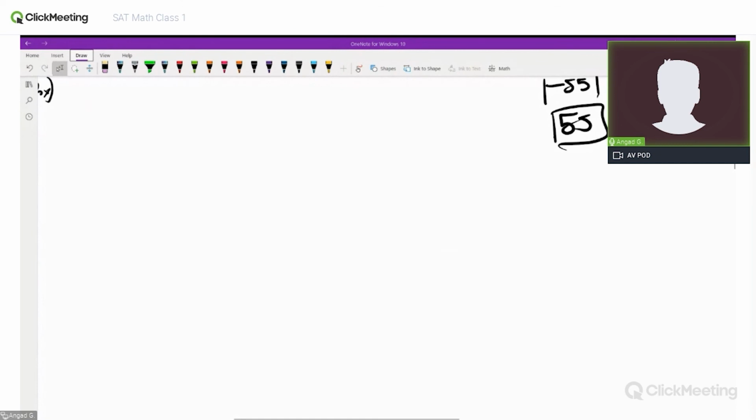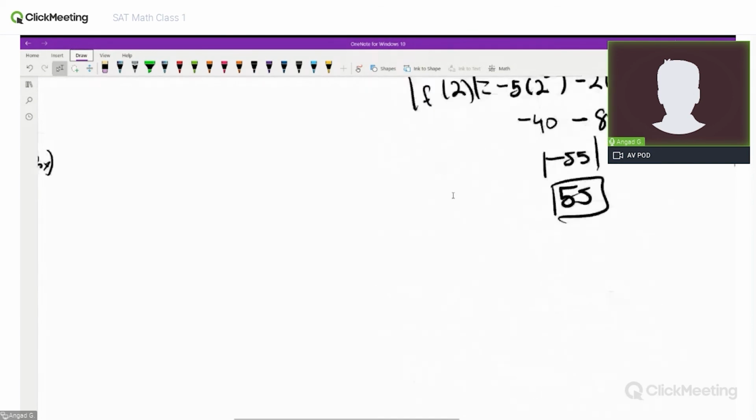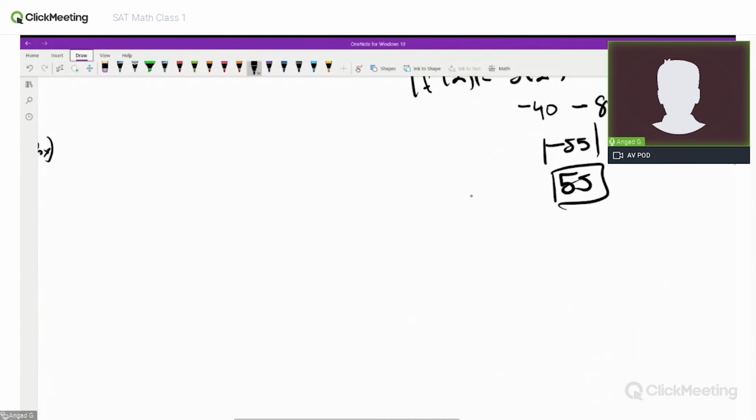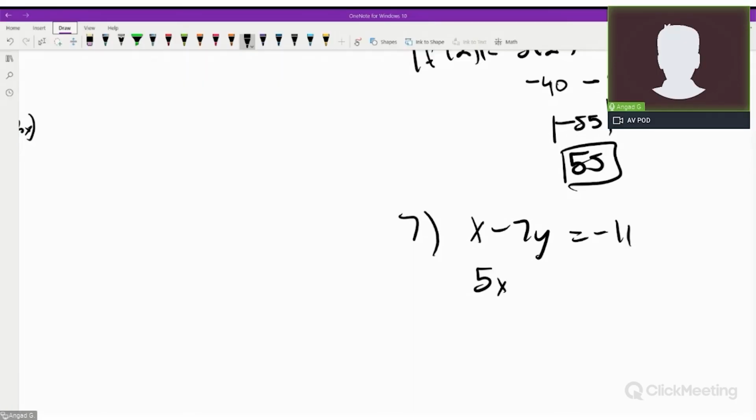So let's go over this. So the equation was, what number was this? Was this 7? I think this was 7. So I'm going to assume 7. x minus 7y is equal to negative 11. We did this in class, guys. I think. No, we didn't. 5x plus 2y is equal to negative 18.